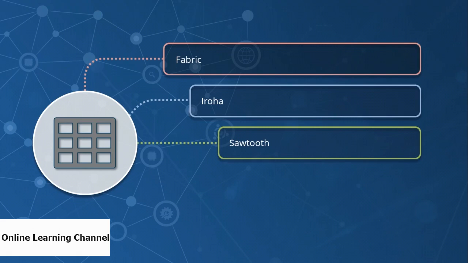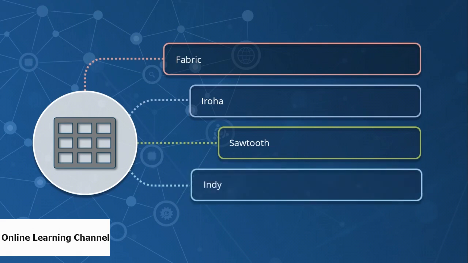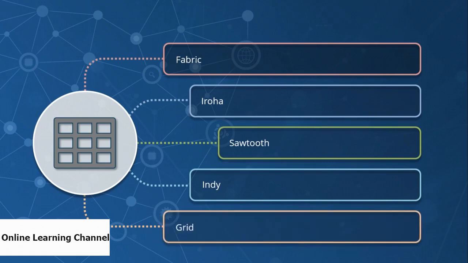A couple of the other frameworks under the Hyperledger umbrella include Hyperledger Indy, and another one which is currently under development is known as Hyperledger Grid. So this clearly drives home the point that Hyperledger does not just involve a single blockchain network, but in fact, a wide variety of solutions are available.